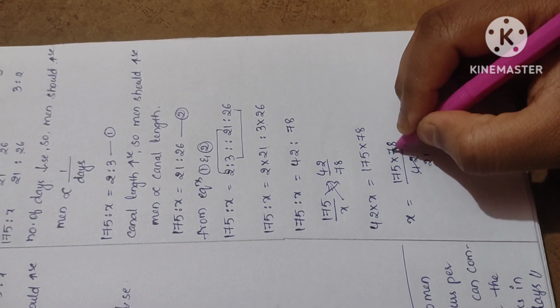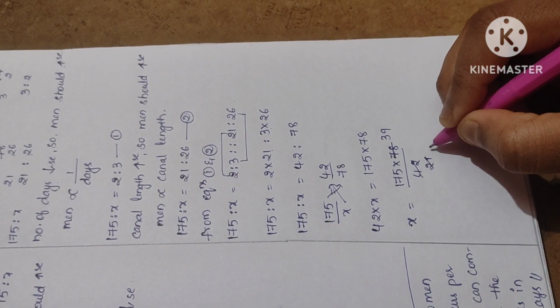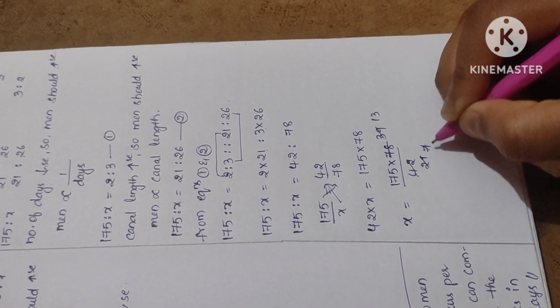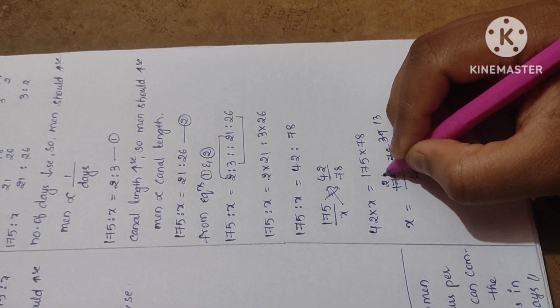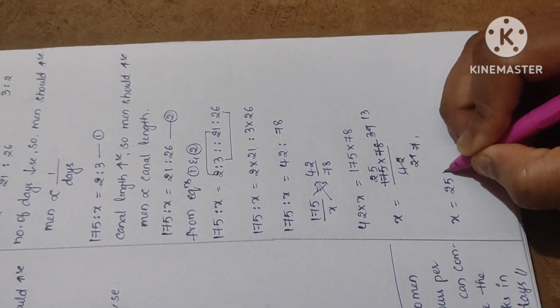Again we can cancel with the 3 table: 3 7s are 21, 3 13s are 39. Again with the 7 table we can cancel this: 7 1s are 7, 7 2s are 14, the remainder 35, 7 5s are 35. So 7 25s are 175.